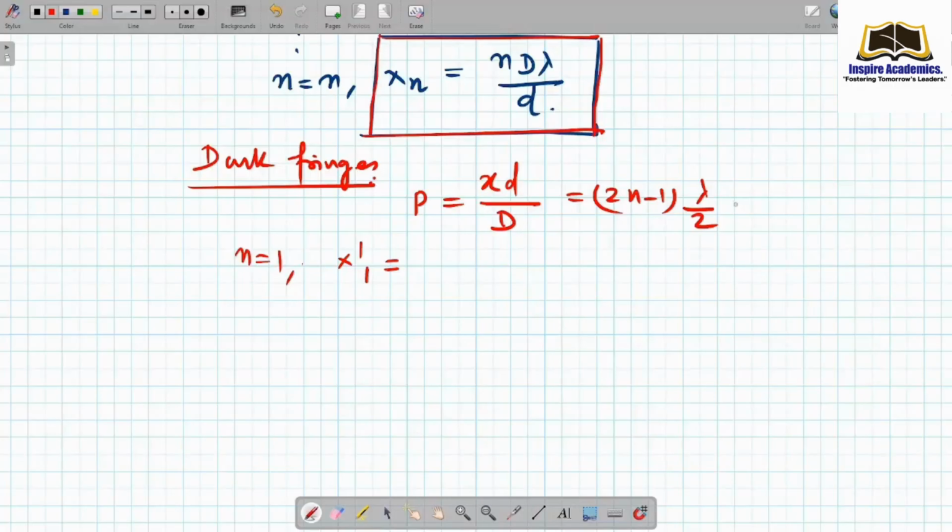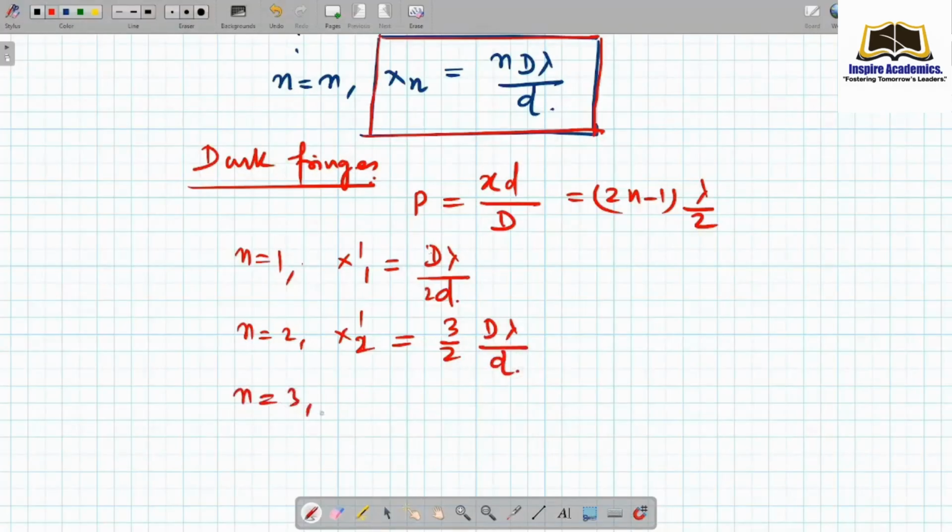Now from here take out x. x will be capital D lambda by small d, and 1/2 because it is lambda by 2, so 2d, that would be my outcome. So n is equal to 2, x2 dash will be 3 upon 2 D lambda by d.